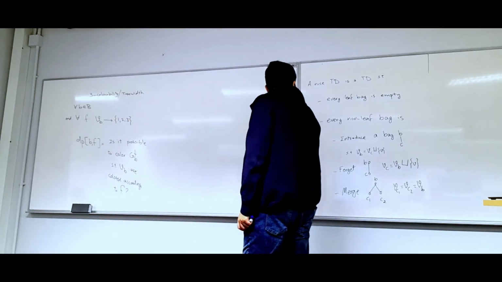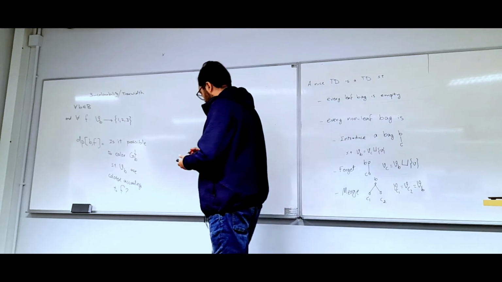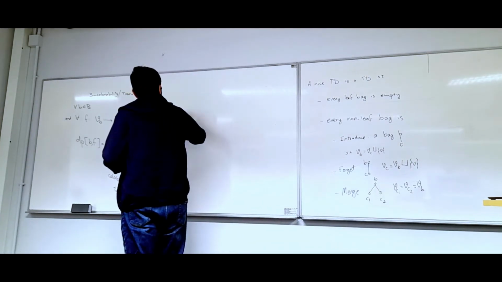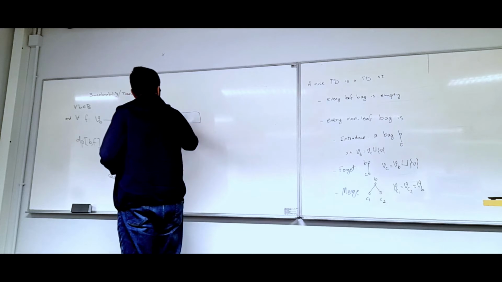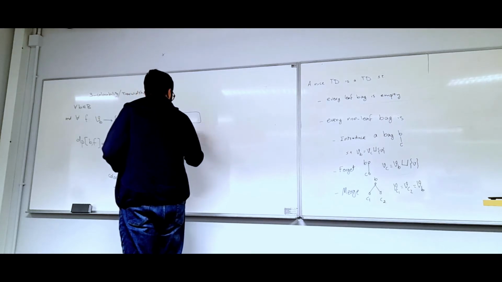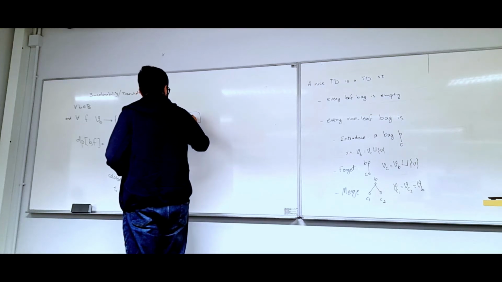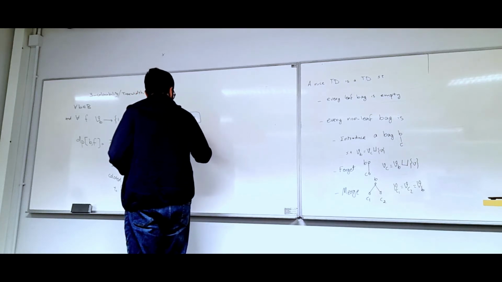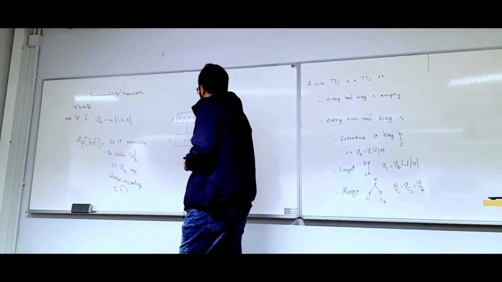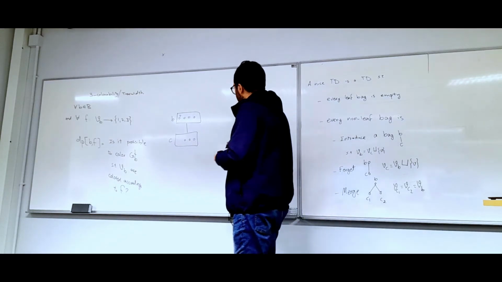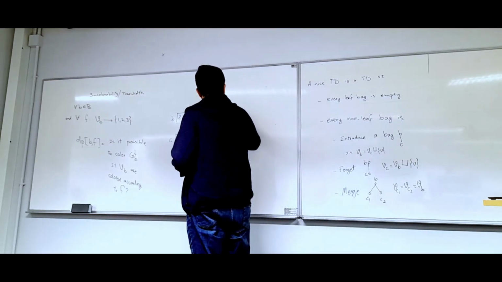Okay, what happens if I have an introduce bag? So I have a bag B, and it has a single child C, and B has one vertex more than C. Okay? And I want to find dp of B and f.